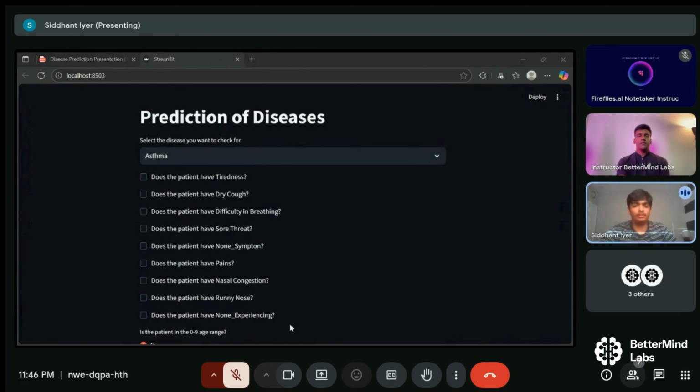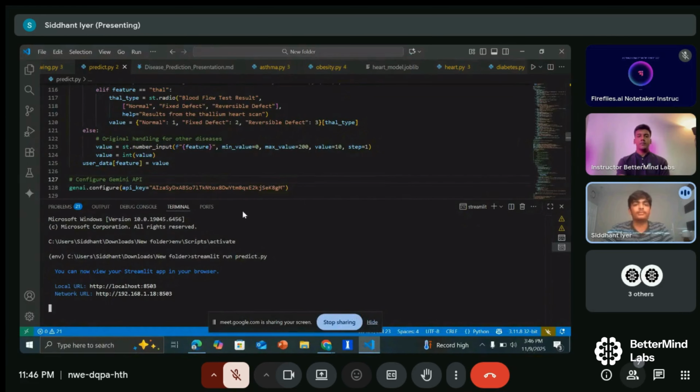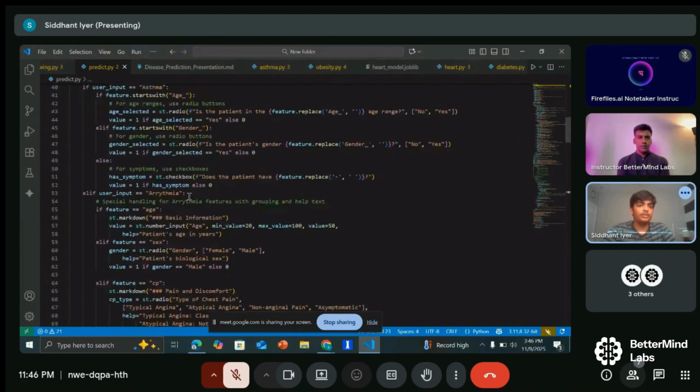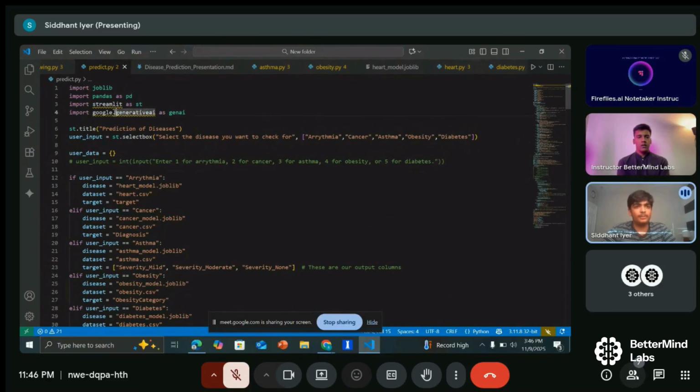Yeah, let me just share that. Okay. This is our main code. These are the models we used, the individual models.